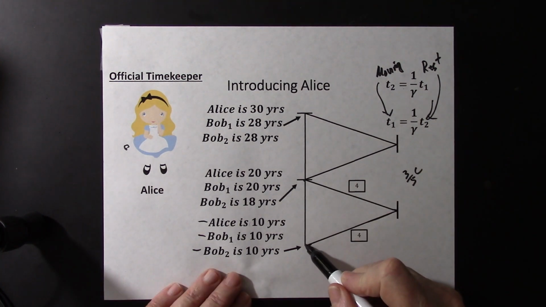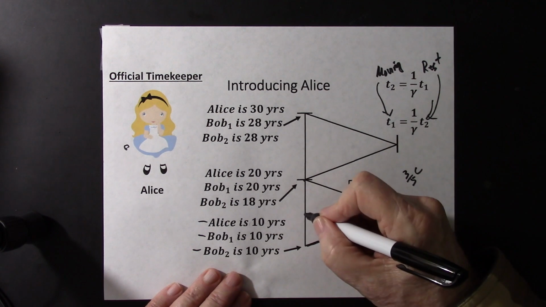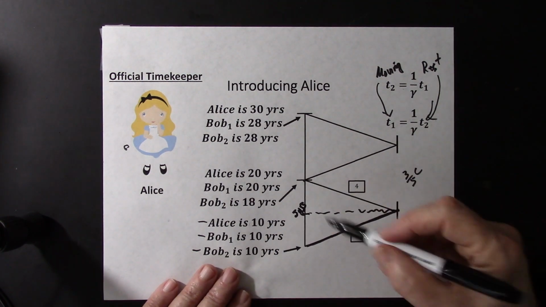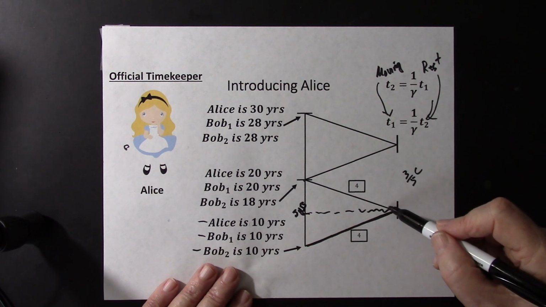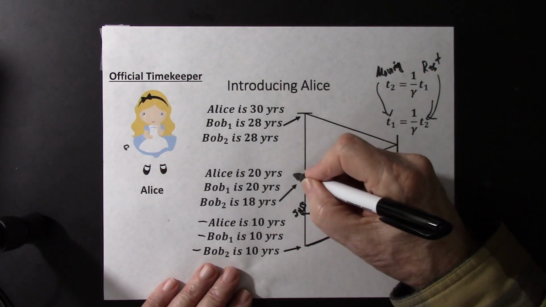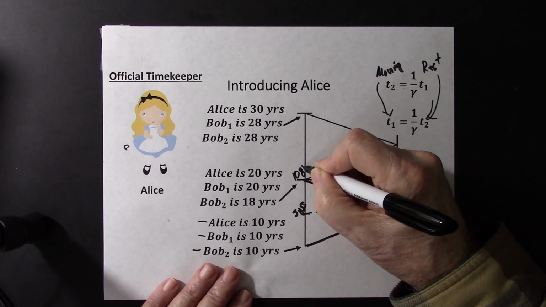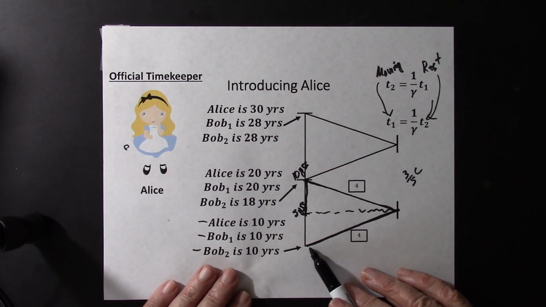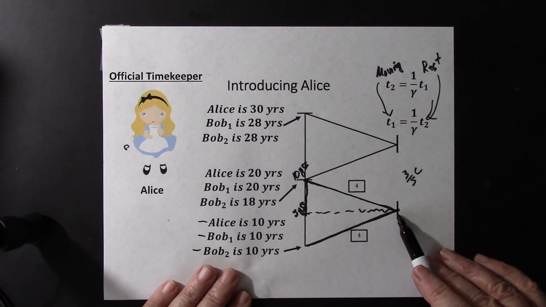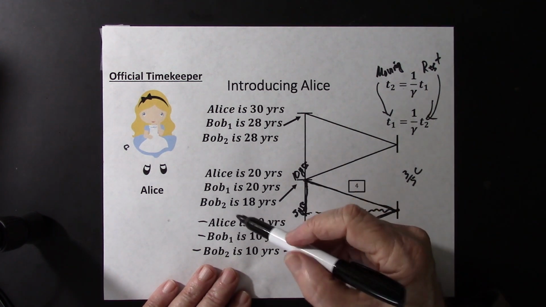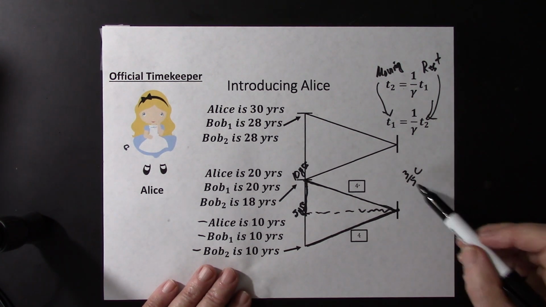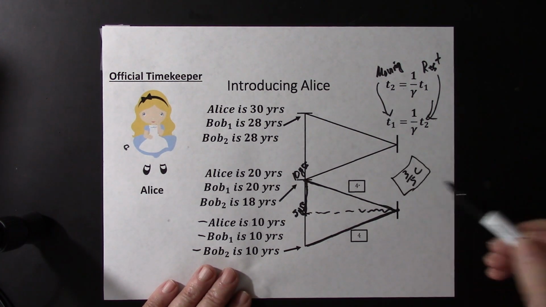Bob 2 starts out and goes out for 5 years on Alice's and Bob 1's clock. Then he turns around and comes back, and this is 10 years passed, measured on Alice's and Bob 1's clock. But because Bob 2 was the one that was considered moving relative to Alice's and Bob 1's clock, he has only aged 8 years since he's traveling at 3/5 the speed of light.